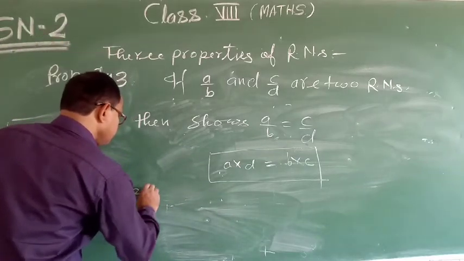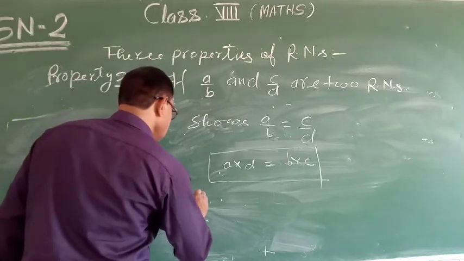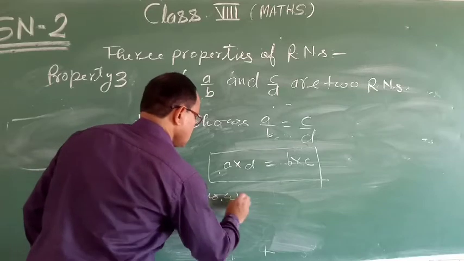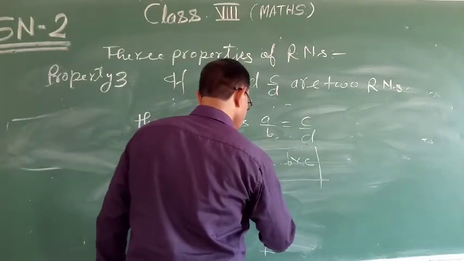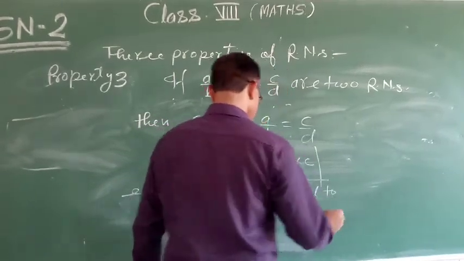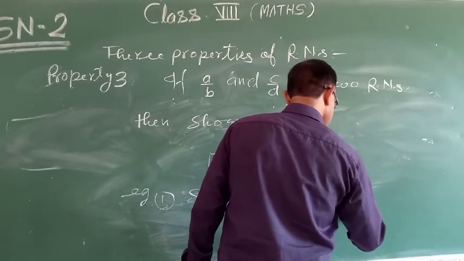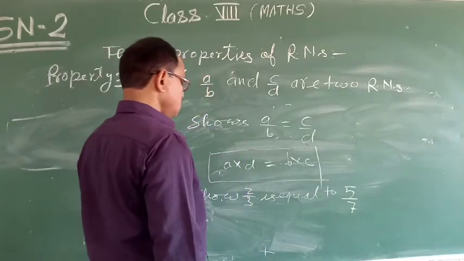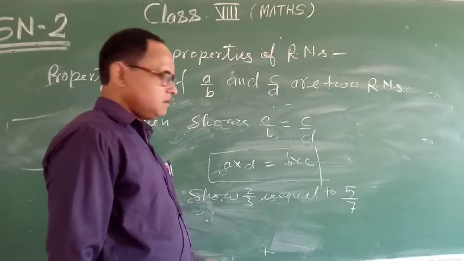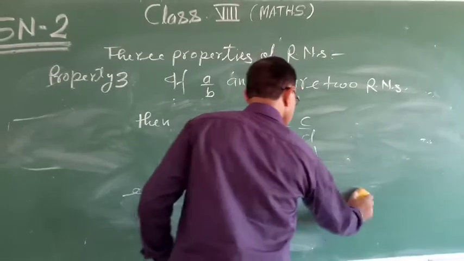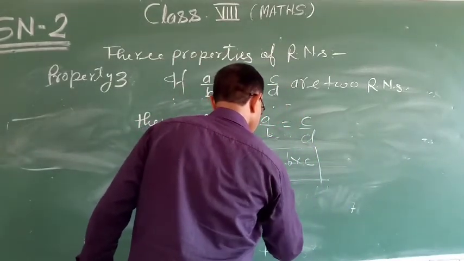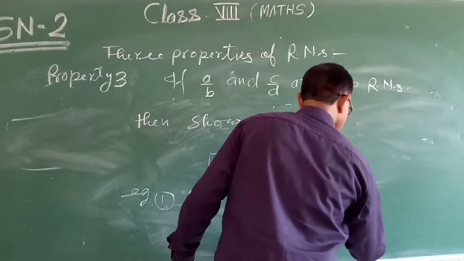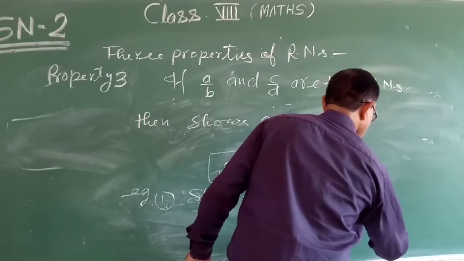Here, example 1. Show 2 by 3 is equal to 5 by 7 or not.